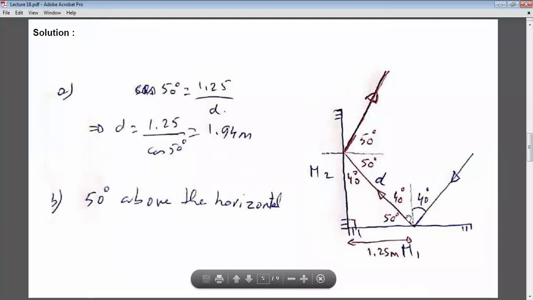Now look at this triangle. I have this side 1.25. If I take the cosine of angle 50, it's the adjacent, 1.25, divided by D, so D is 1.25 divided by cosine 50. And this angle here is 40, so the incident angle is 50, so the reflected angle is 50.